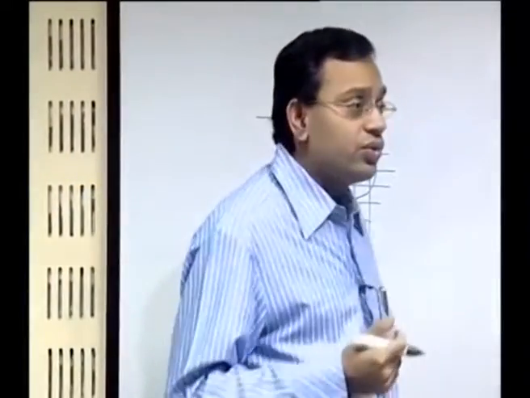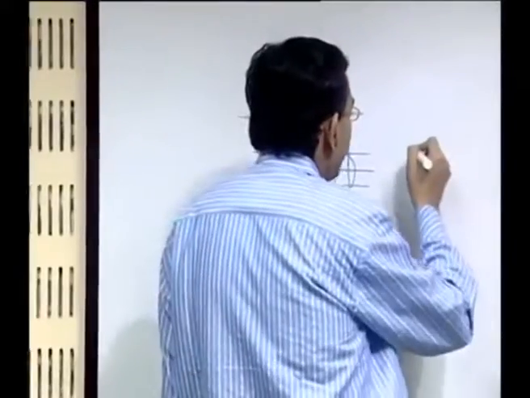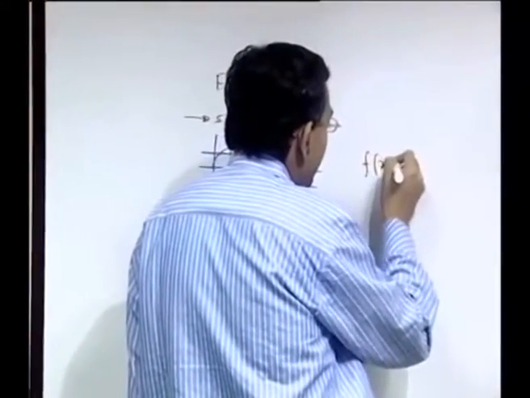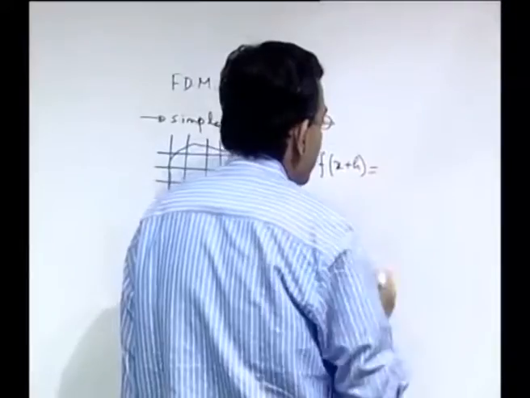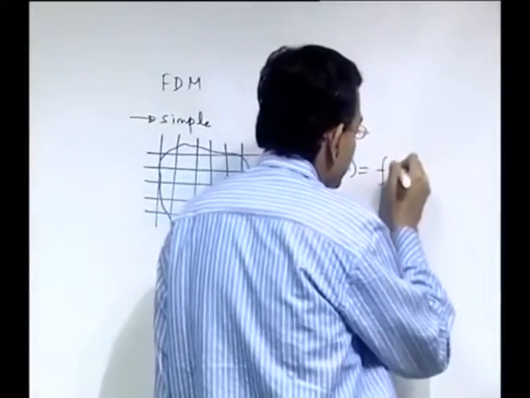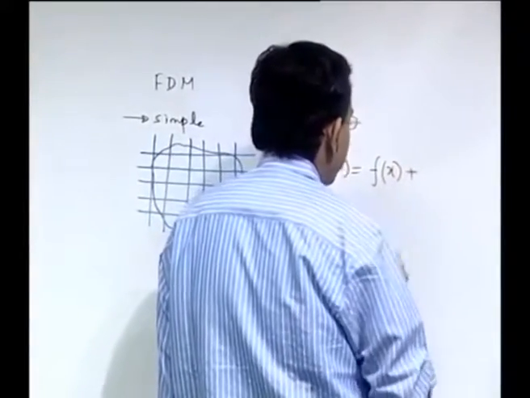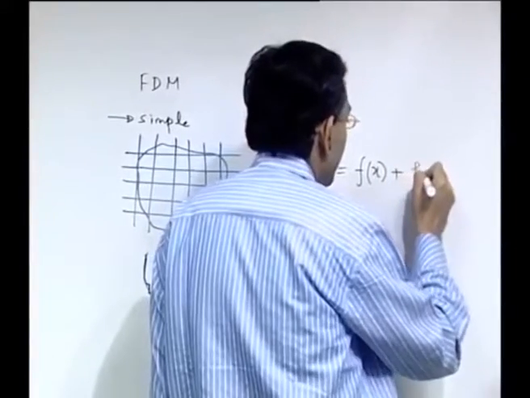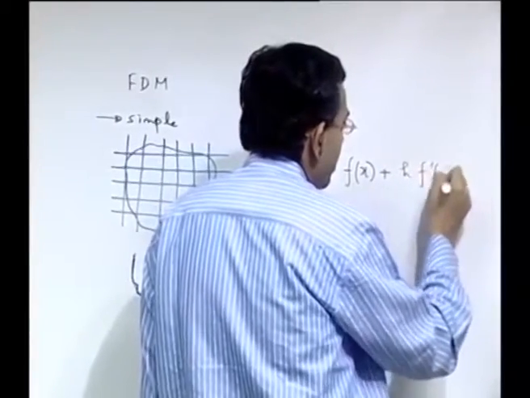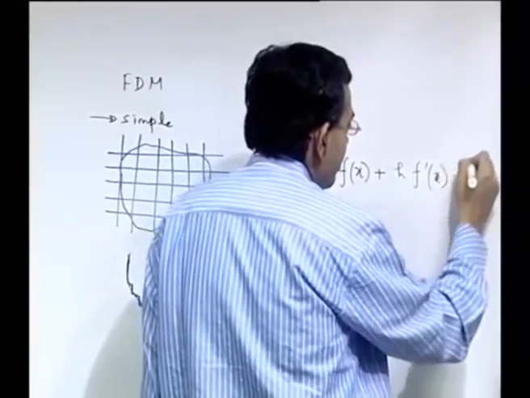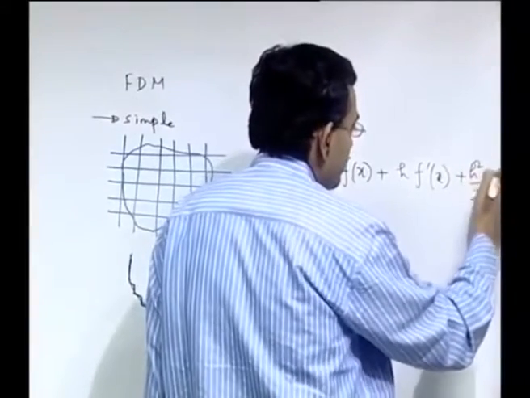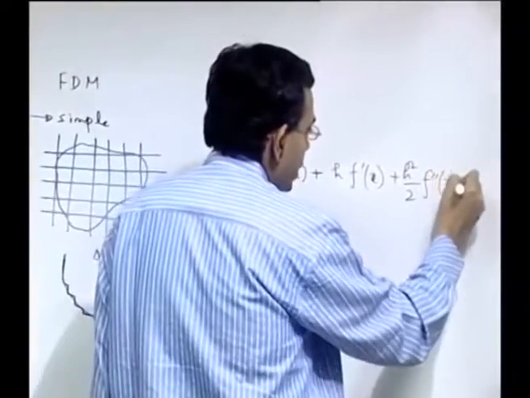Now, is it always true? Remember that we write the Taylor series expansion as f(x+h) equals f(x) plus h f'(x) and so on. We are considering a function of a single variable as an example.